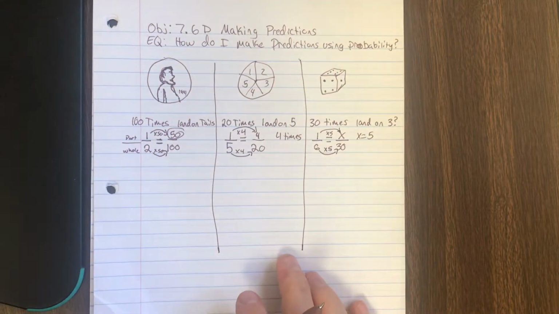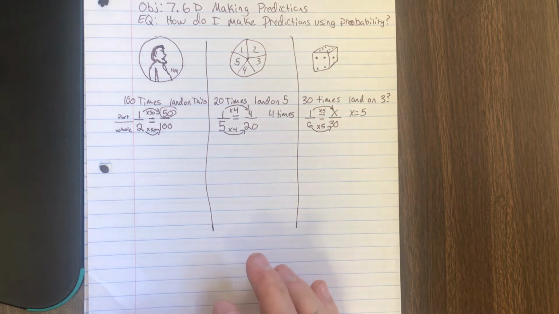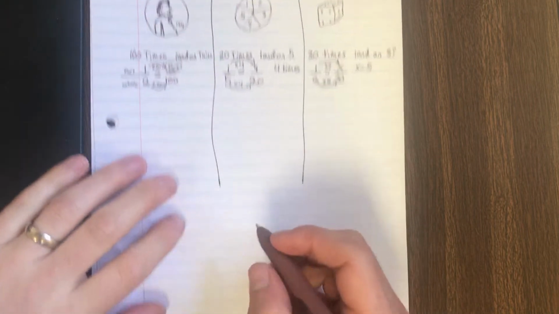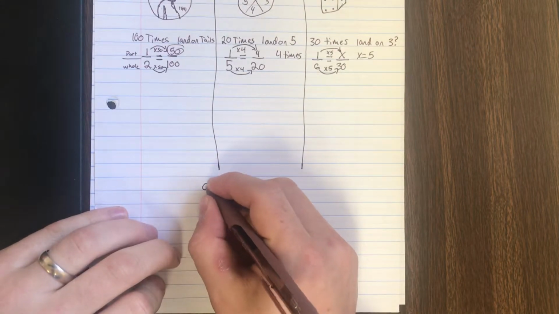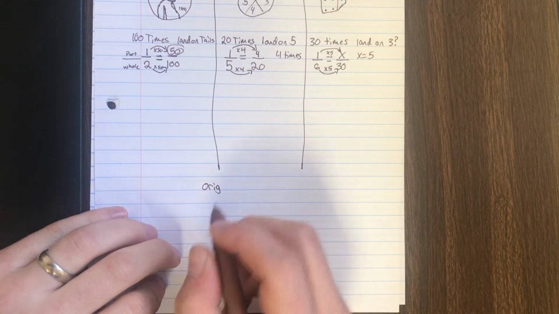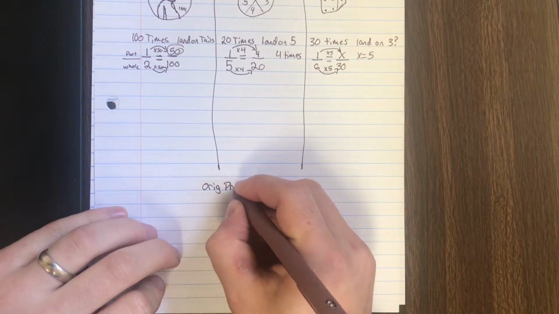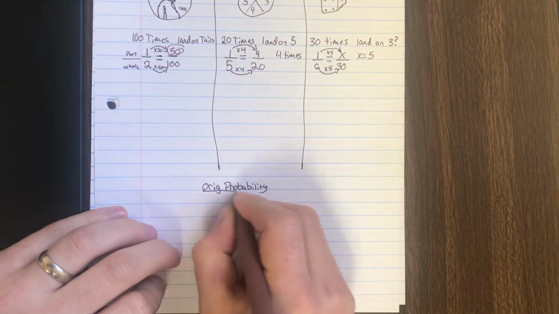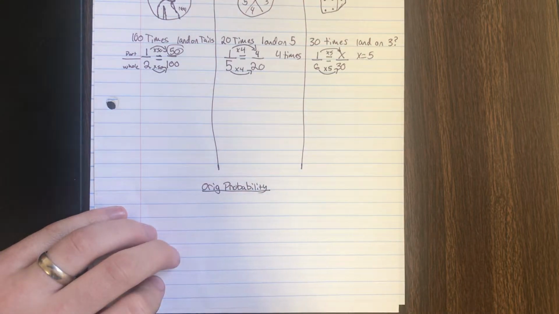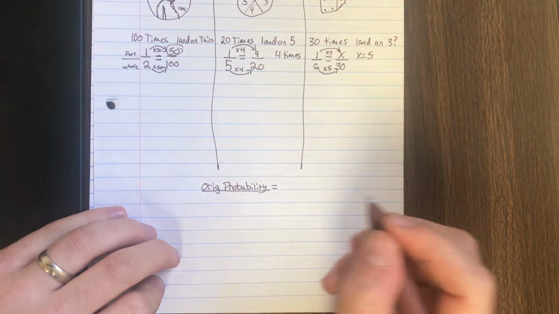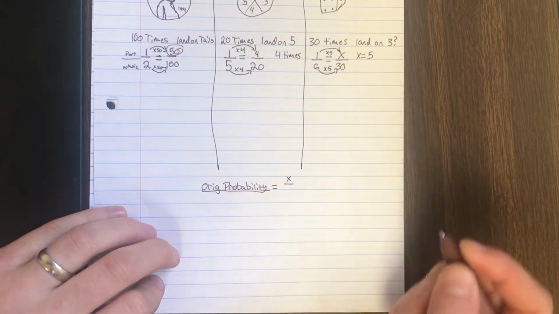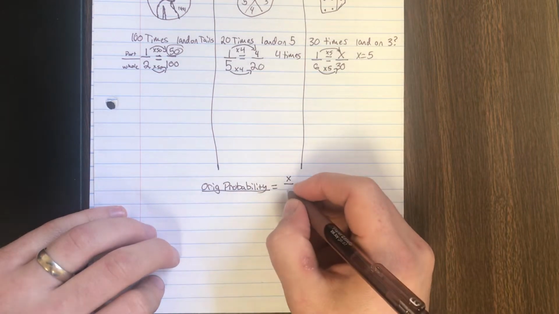So basically, if you want to call it a formula, or however you would solve this, it would be: the original probability over, set equal to x over however many spins you're having to do, or rolls or flips, whatever it is.